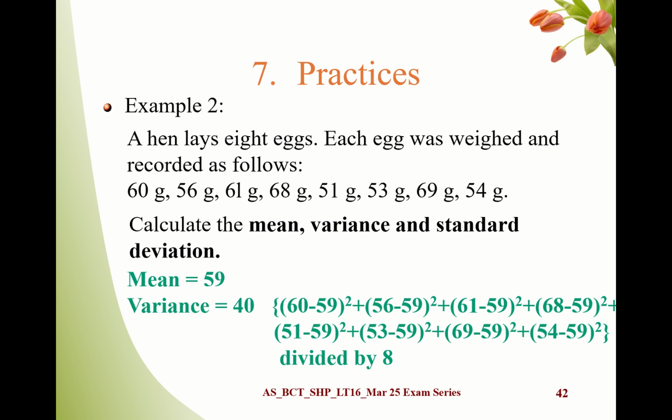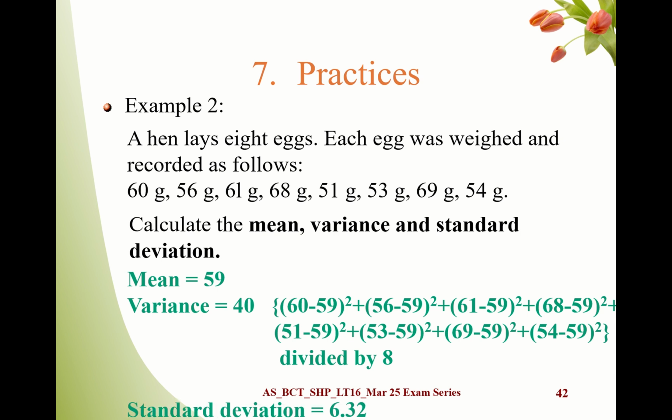If the hen lays 10 eggs, and 2 eggs were taken out as a sample to weigh, then that 2 becomes a sample. In which case you have to divide by n minus 1, which is 2 minus 1. Please take note of the difference between population and sample, because for variance, one is divided by n, one is divided by n minus 1.